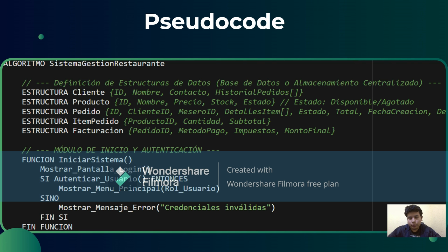If the user authentication is successful, it shows the main menu based on their role, administrator or waiter. If it fails, it simply displays an error message.